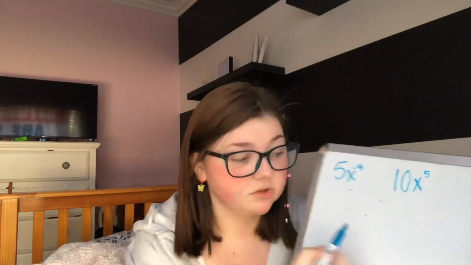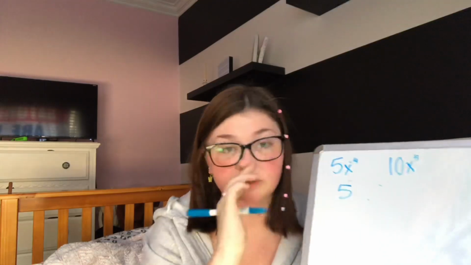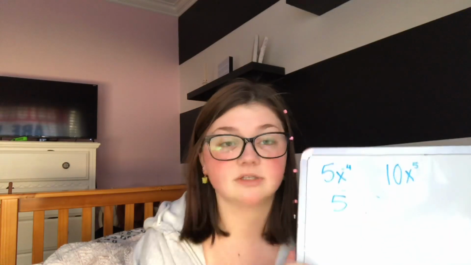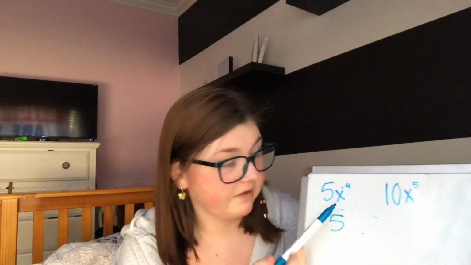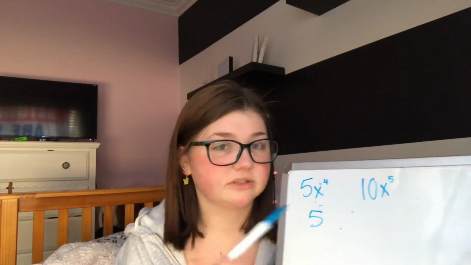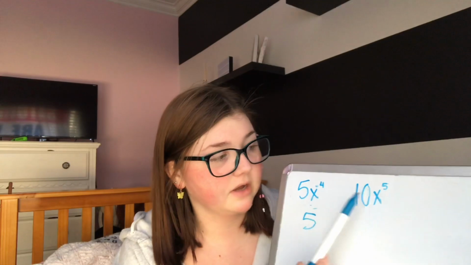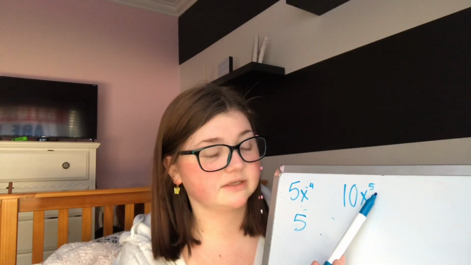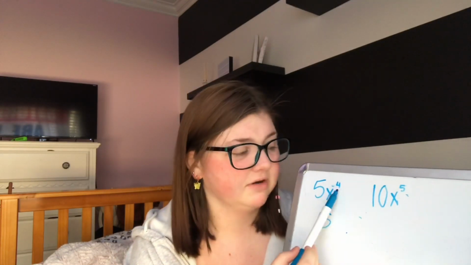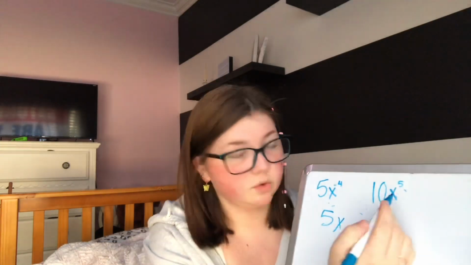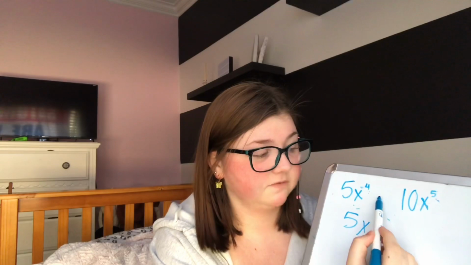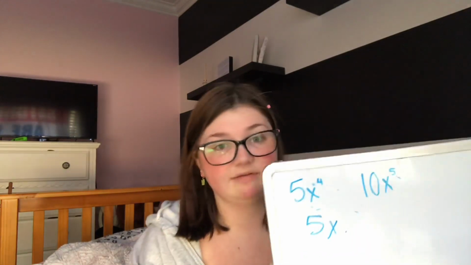You should know that 5 goes into 5 once and 5 goes into 10 two times. So when you have x's, it just doesn't matter, but when you have exponents right here, you are going to subtract. So 5 minus 4 is 1, so it's just going to be 5x, and that is your greatest common factor.